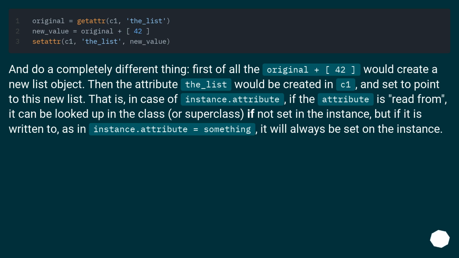Then the attribute the_list would be created in C1 and set to point to this new list. That is, in case of instance.attribute, if the attribute is read from, it can be looked up in the class or superclass, if not set in the instance, but if it is written to, as in instance.attribute equals something, it will always be set on the instance.